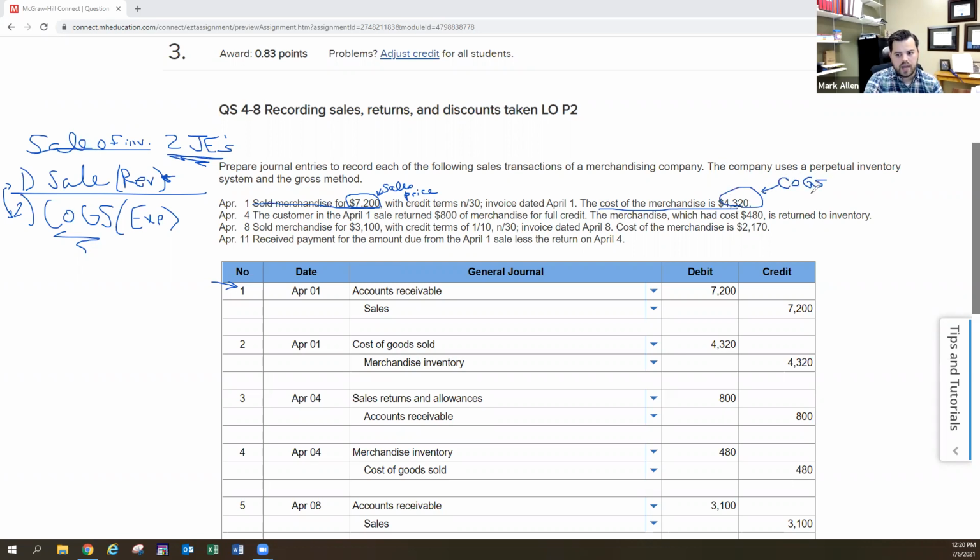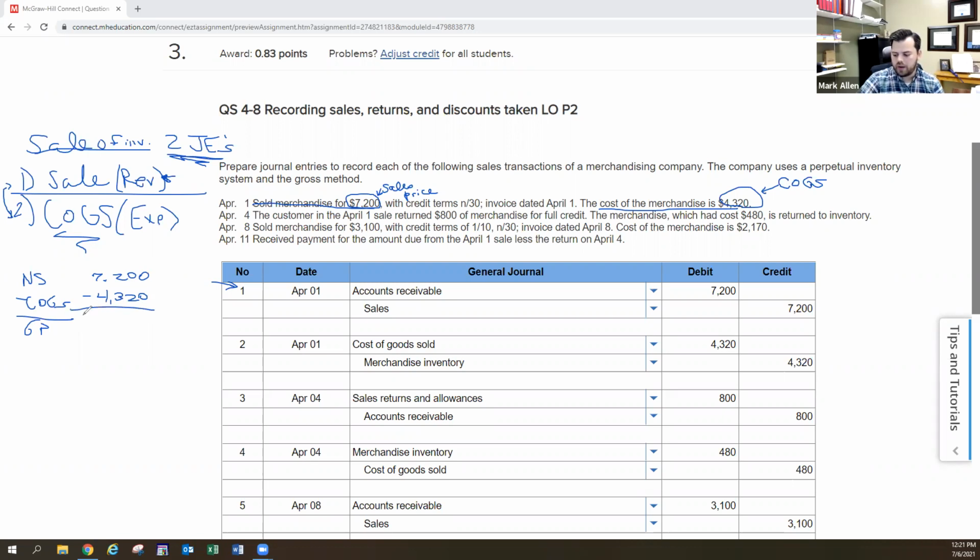So if I actually asked you, and it doesn't in this case, but if I asked you to give me the gross profit, well, you would say, well, that's easy. Gross profit is net sales minus cost of goods sold. So I can actually compute gross profit on an individual sale, in this case, 7,200 minus 4,320.